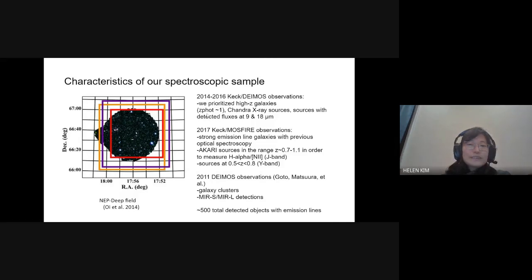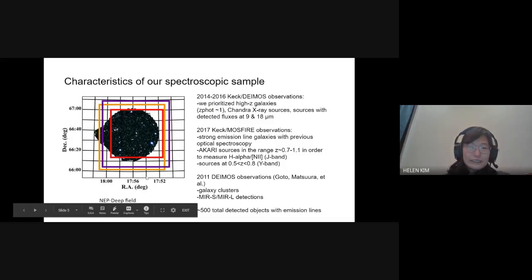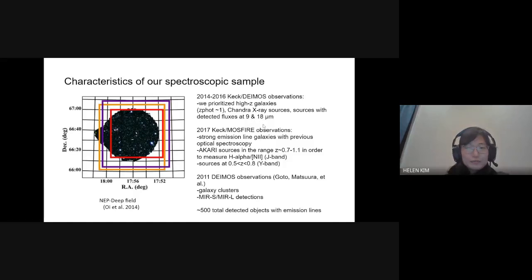And we focused our observations on the NEP-Deep fields, which is shown on the left here, for the purpose of obtaining information from relatively higher redshifts. We also prioritized Chandra X-ray sources in order to study X-ray AGN, as well as sources with detected fluxes at 9 and 18 microns. In addition to our optical DEIMOS observations, we obtained some near-infrared spectroscopy from MOSFIRE.